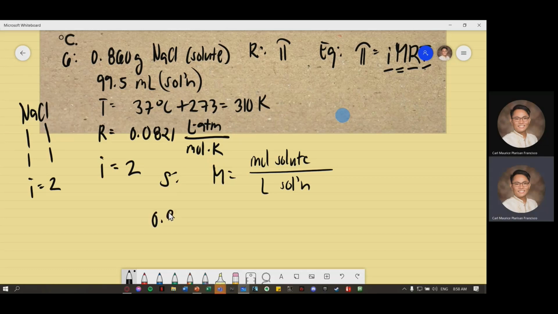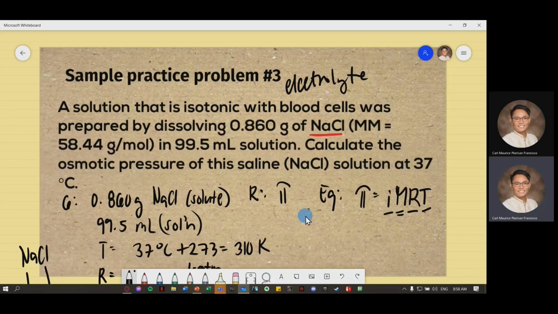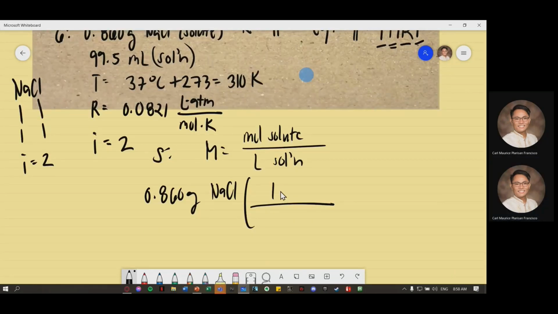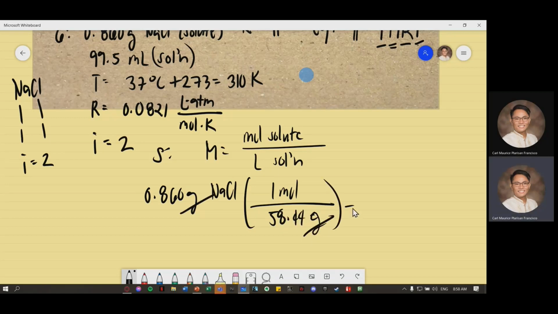So for the solute, 0.860 grams of NaCl multiplied by the molar mass. The molar mass of NaCl is provided by the problem, 58.44. 1 mole all over 58.44 grams. Grams will be cancelled. We now have unit mole.